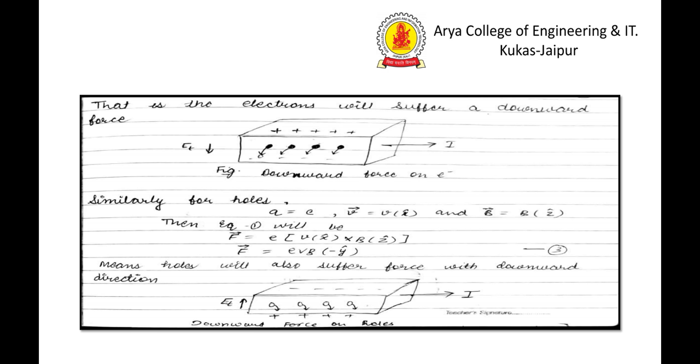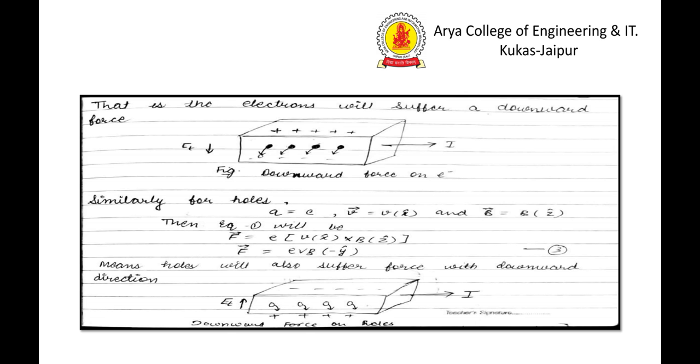Similarly for holes, q is equal to e and v is equal to v x cap and B vector is equal to B z cap. The drift velocity of hole is along the direction of current.